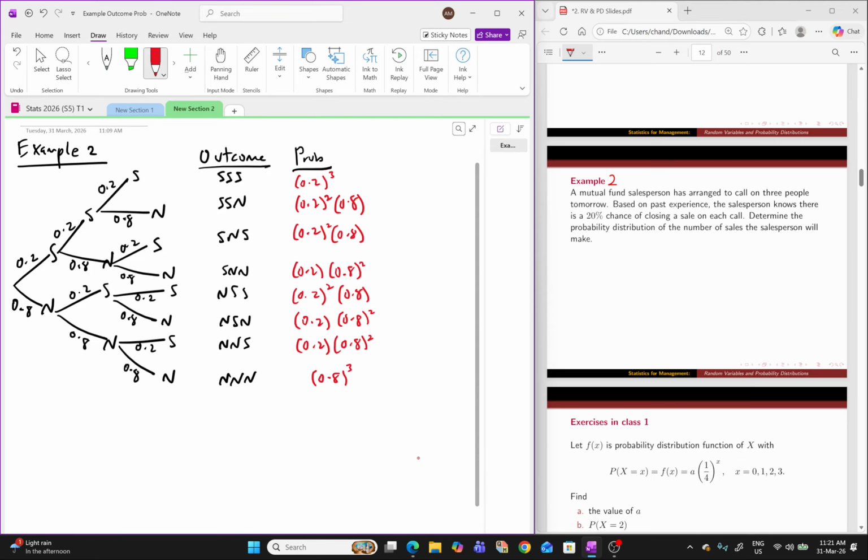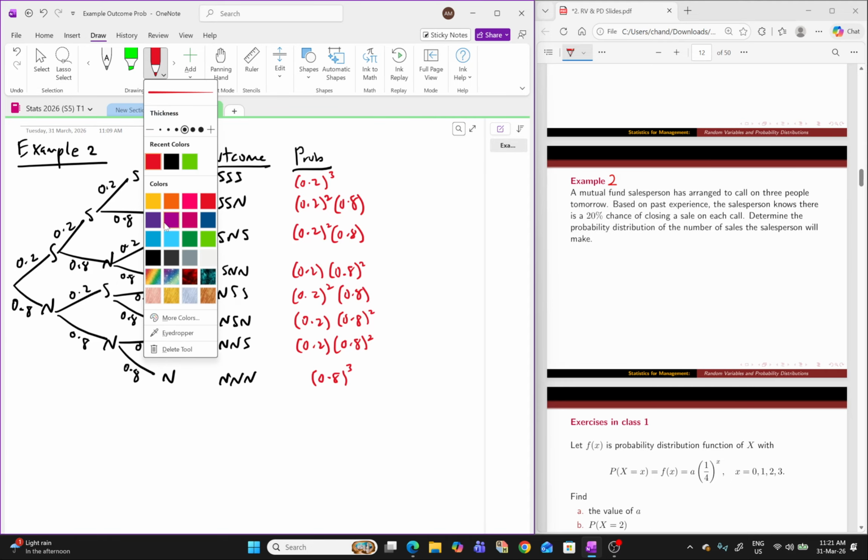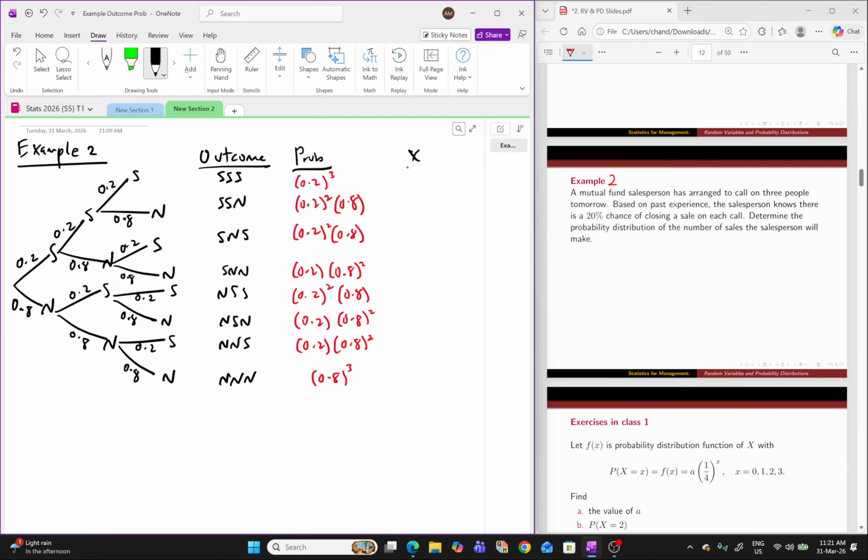So you should get this, just double check. And then if you read the question here, what is the X here? X is the number of sales, S, in the probability distribution. S is the X. How many S is here? 3.